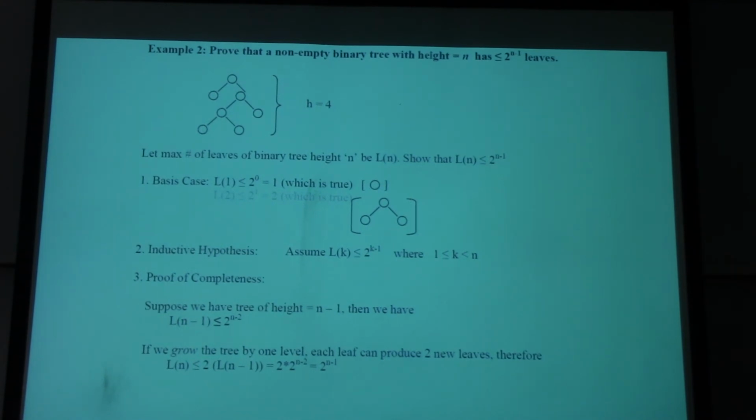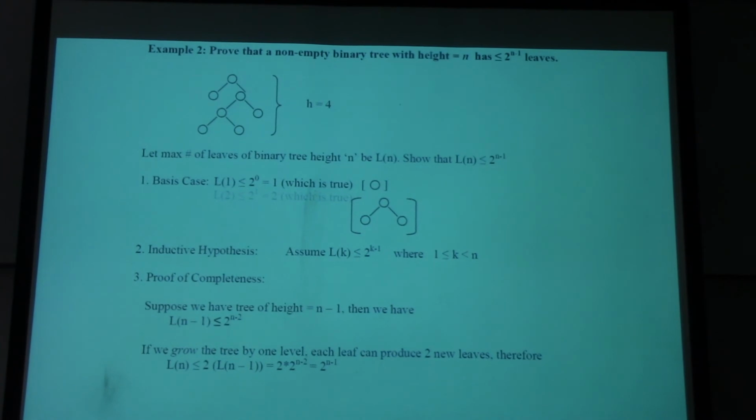All right, so now we want to prove that a non-empty binary tree of height n has less than or equal to 2 to the n minus 1 leaves. So we're going to basically do a basis. But before we do the basis, we're going to try to substitute some kind of a mathematical formula for the number of leaves.